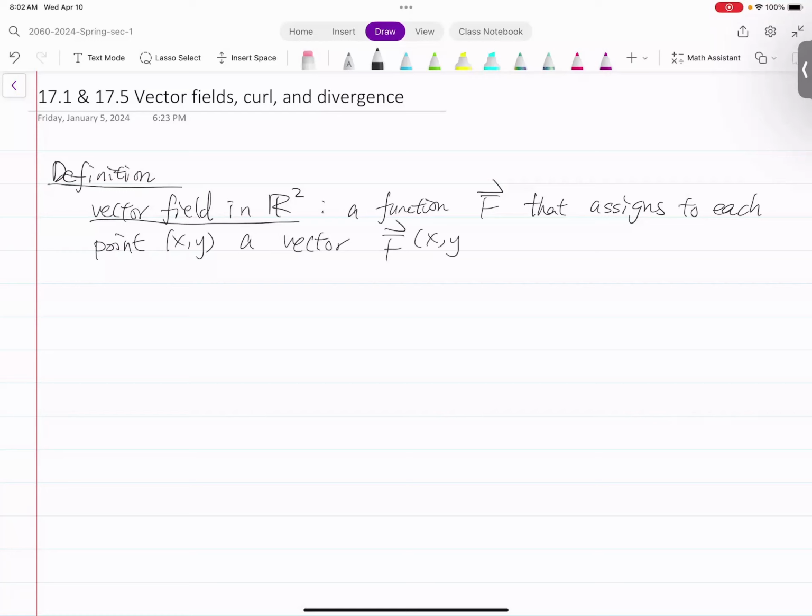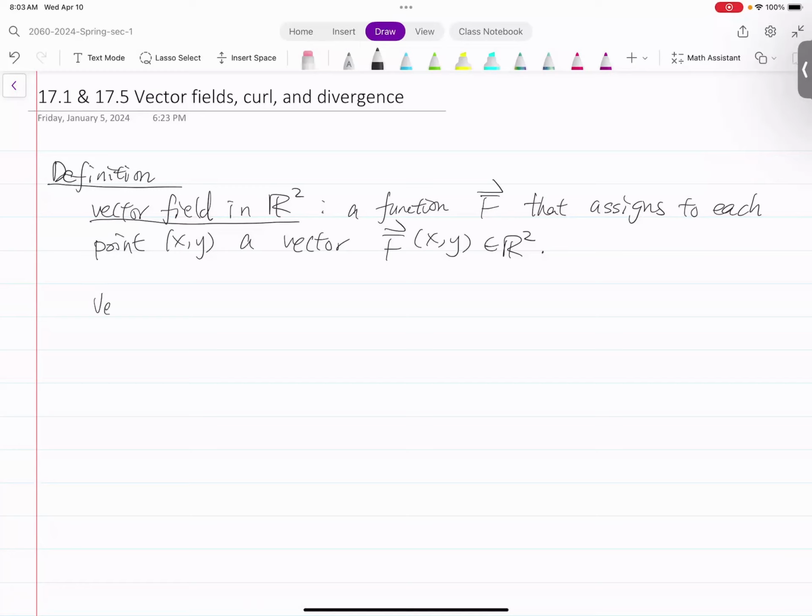F, so that's one, as a two-dimensional vector. So basically, the rule of this mapping is called F, and we put the arrow symbol on top to indicate that for whatever input pair, we're going to return a vector in 2D.